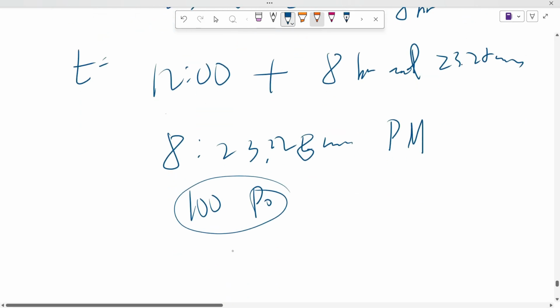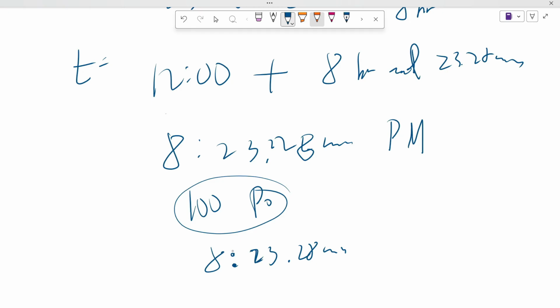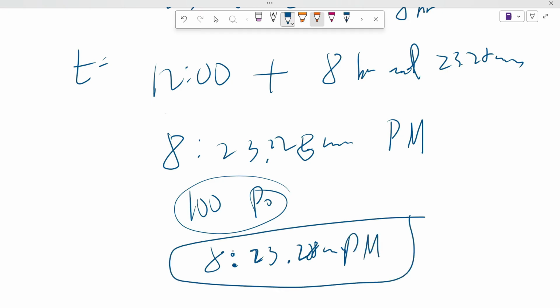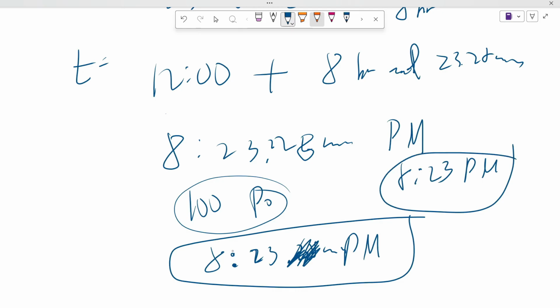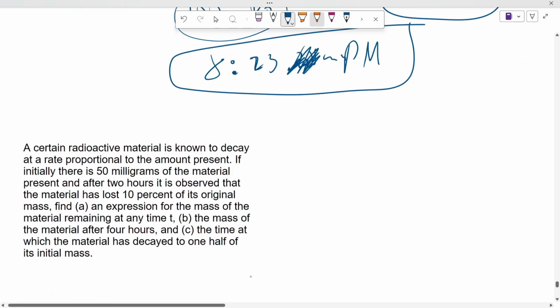So the final answer for this problem is 8:23 PM. You don't need to include the 0.28, that's okay. I hope you got it. So let's proceed to number 3.